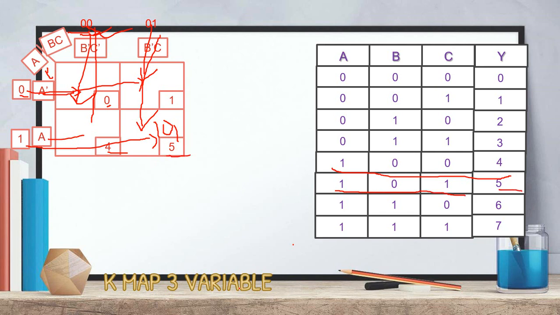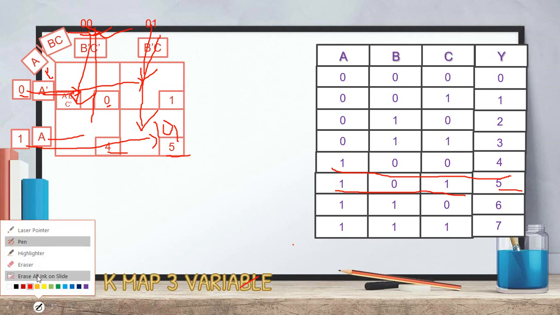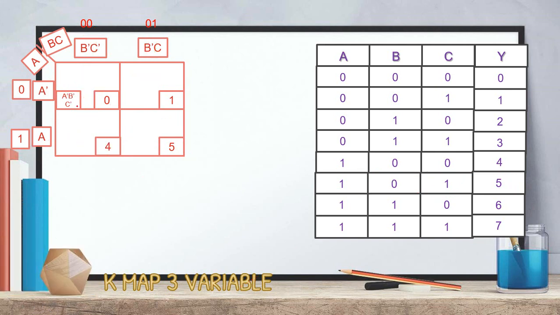Now let's go to the next portion. We can draw it in a similar way in equation form. The first one is A bar with B bar C bar.